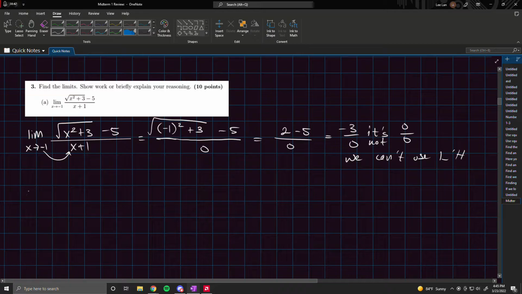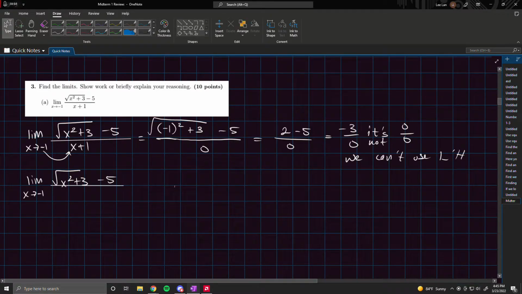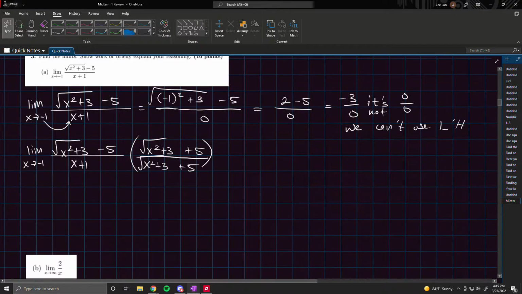So just like before, we have the limit as x approaches -1 of the square root of x squared plus 3, minus 5, all over x plus 1. Whenever you see a radical or a square root, you can try multiplying by the conjugate, see if that works. So the square root of x squared plus 3, plus 5, same thing on the bottom. Okay.